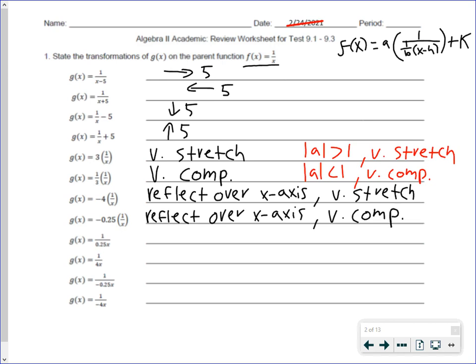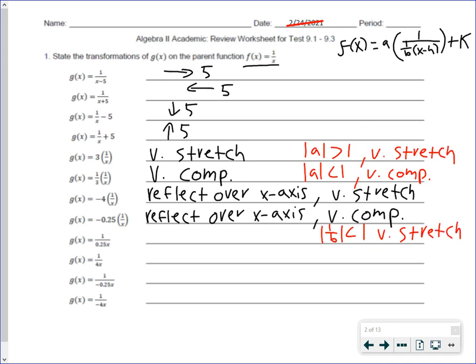Next, we have g of x equals 1 all over 0.25x. So that 0.25 is actually our 1 over b term. So let's write this on the side as well. If the absolute value of 1 over b is less than 1, then we're going to have a vertical stretch. So it's kind of the opposite of your a's.